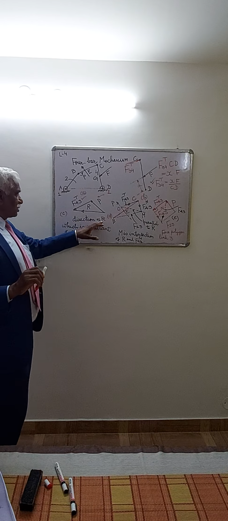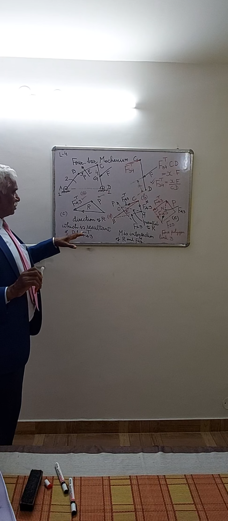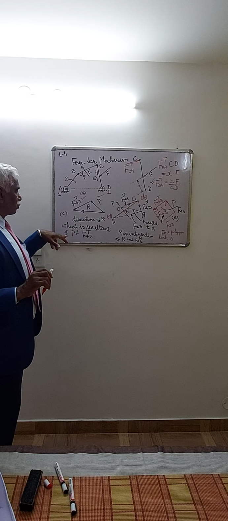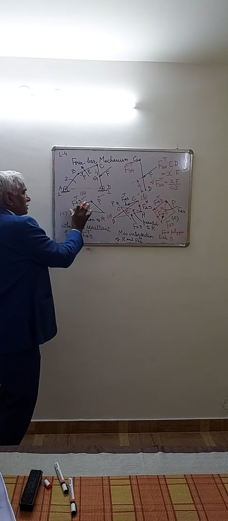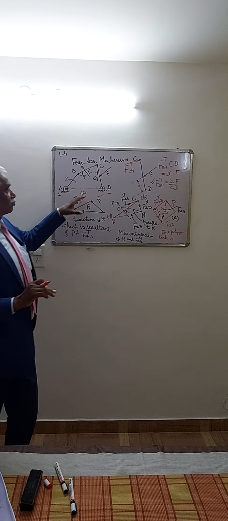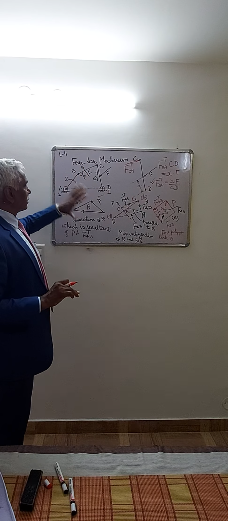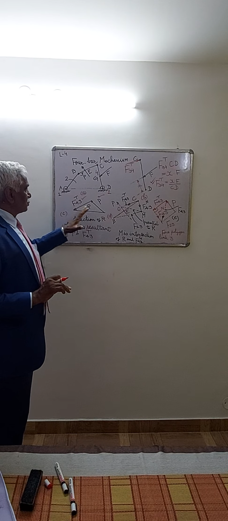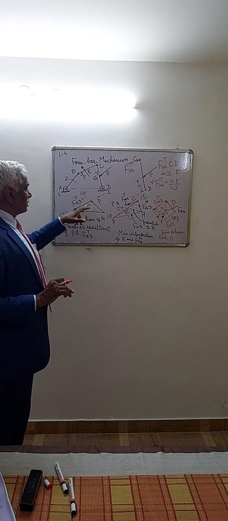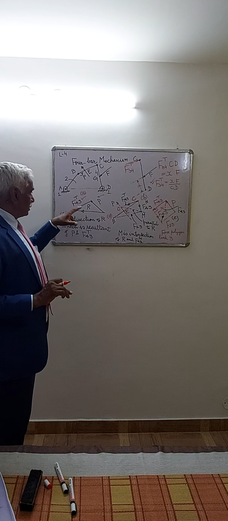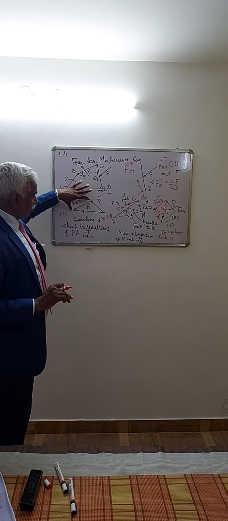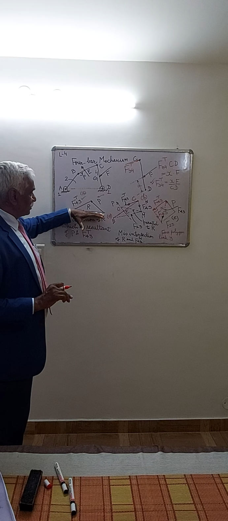So the direction of resultant R is the resultant of P and F43T. This figure is just to find the direction of the resultant of these two forces acting on link number 3. From these two forces, P and F43T, their resultant can be determined like this.